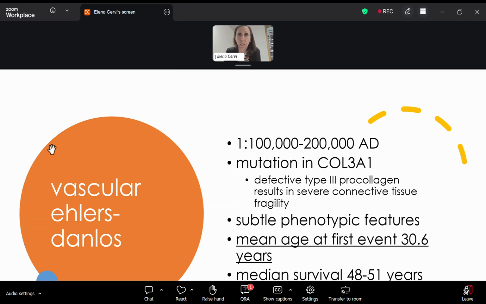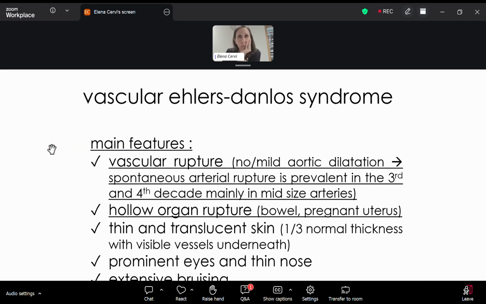And lastly, we'll just mention something that is much less frequent in the general clinics, but we tend to see quite a number, because in the UK this is a nationally commissioned service. So vascular EDS is due to a mutation in collagen 3, and it has very subtle phenotypic features, and the problem is you are at very high risk of hollow organ or vascular ruptures that are often lethal.